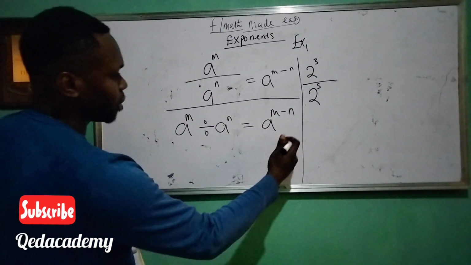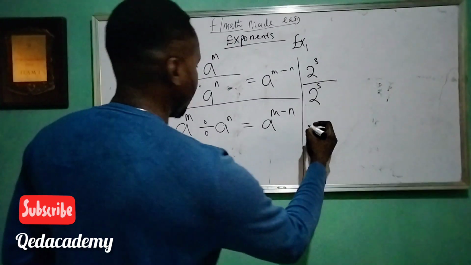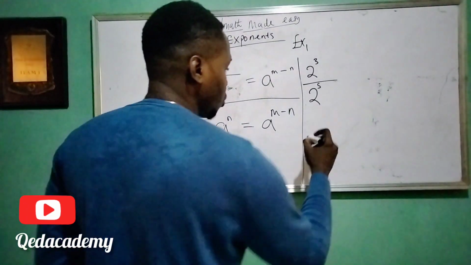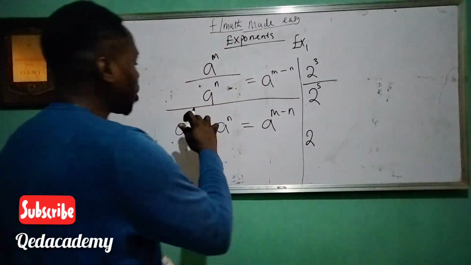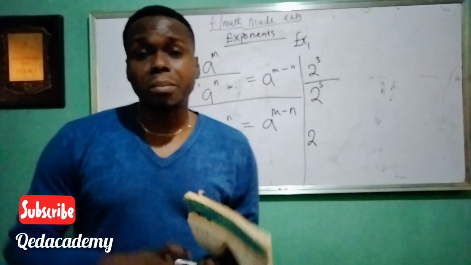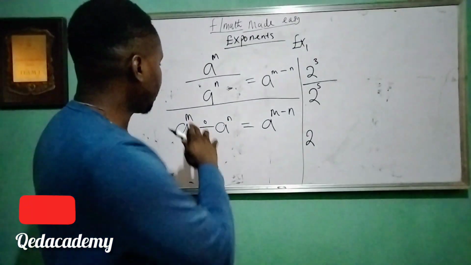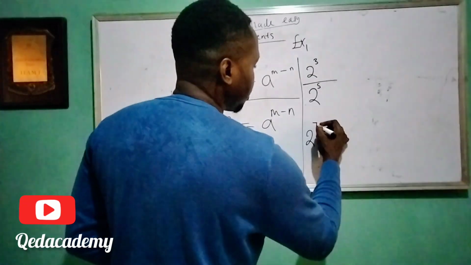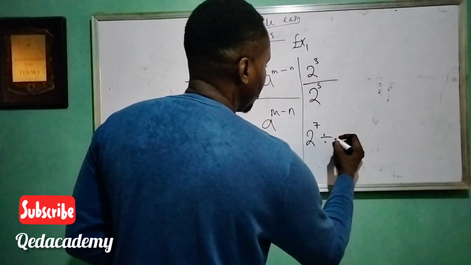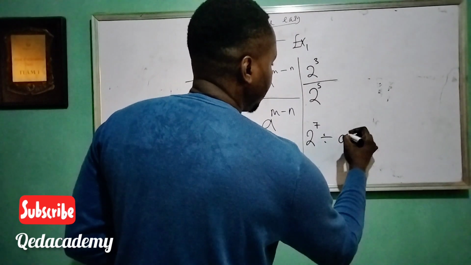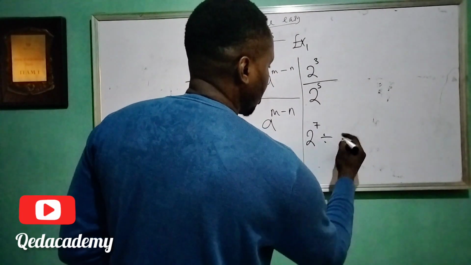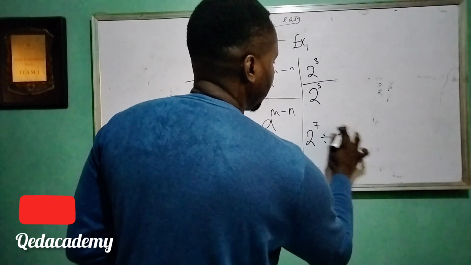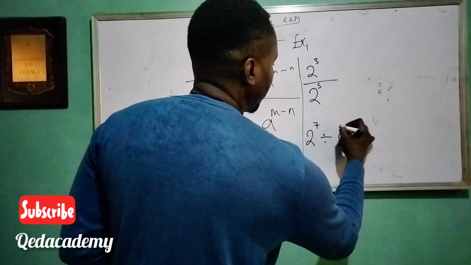If I follow this part with another example, I'm still going to use 2 as a, but I'm going to make m the bigger number. So let's give m 7, divided by 2 to the n, and let me just put n as 4, right?